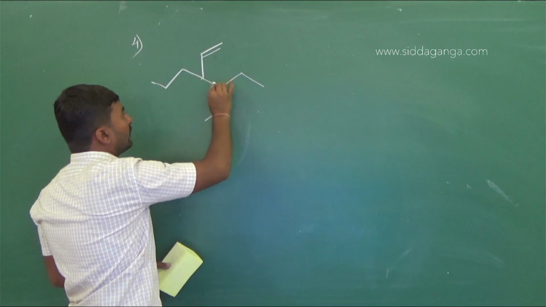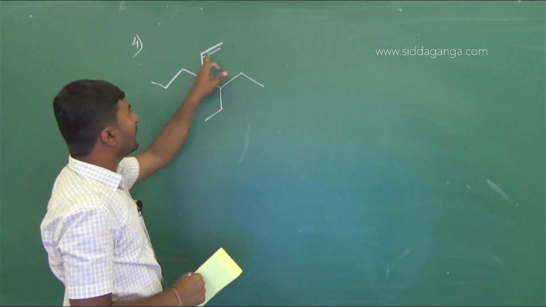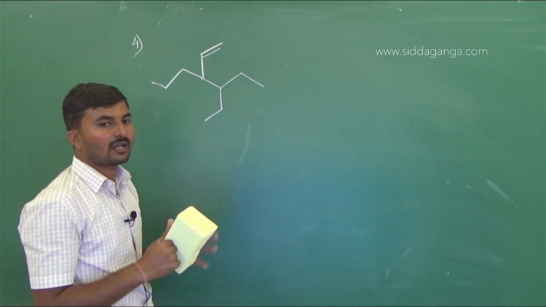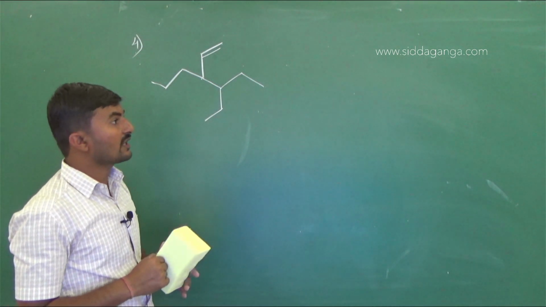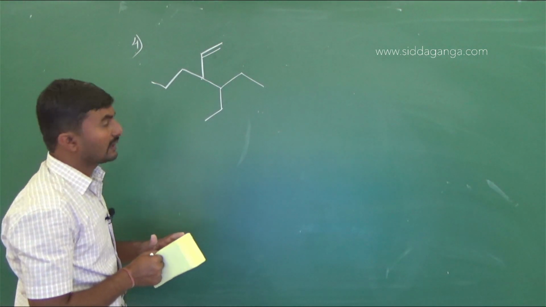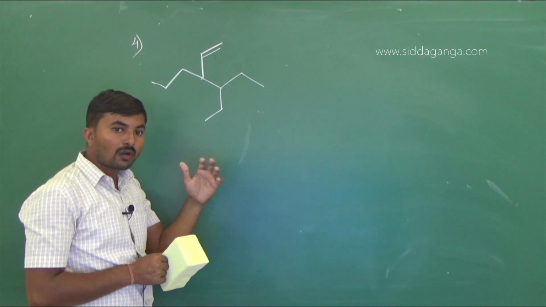If you start the numbering from any end of the carbon chain, it will have 6 carbon atoms. So in such cases, we have to select the parent chain in such a way that the parent chain consists of the maximum number of substituents.